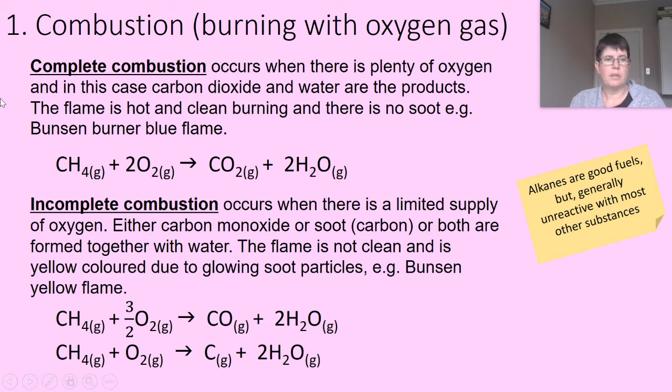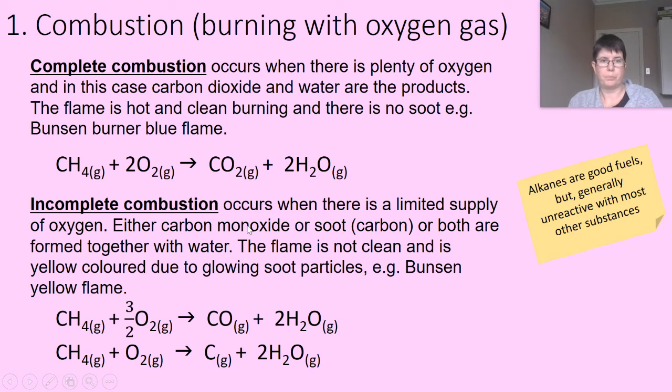We start with methane, with 1 carbon. 1 mole of methane reacts with 2 moles of oxygen gas from the air, and that makes 1 mole of carbon dioxide and 2 moles of water. And you can see they're all gas. So we've got steam being made, right?